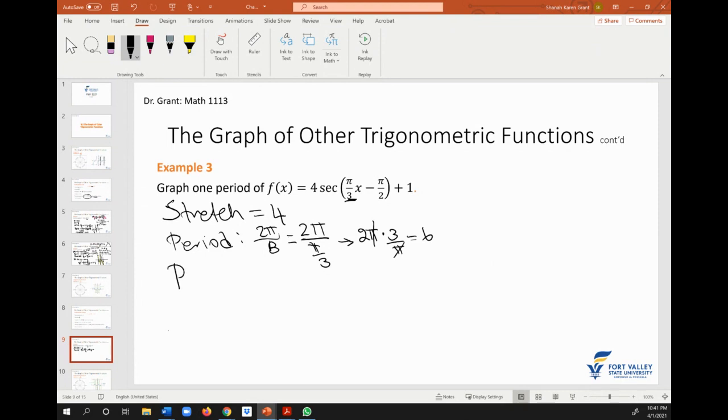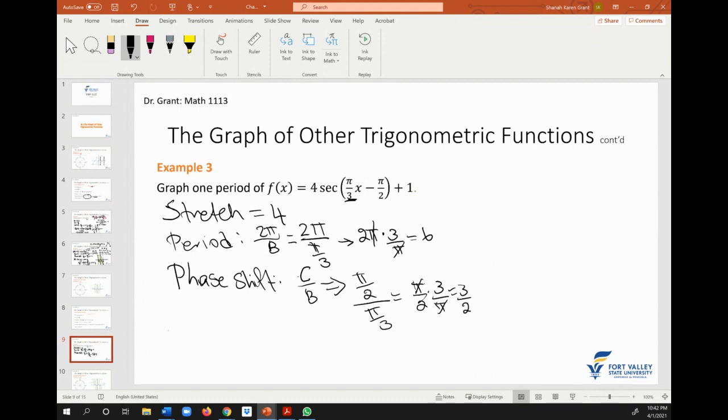My phase shift, that's going to be c divided by b. And in this instance, my c is pi/2 divided by my b, which is pi/3. So that's going to be pi/2 times 3 over pi. So my phase shift is 3/2.